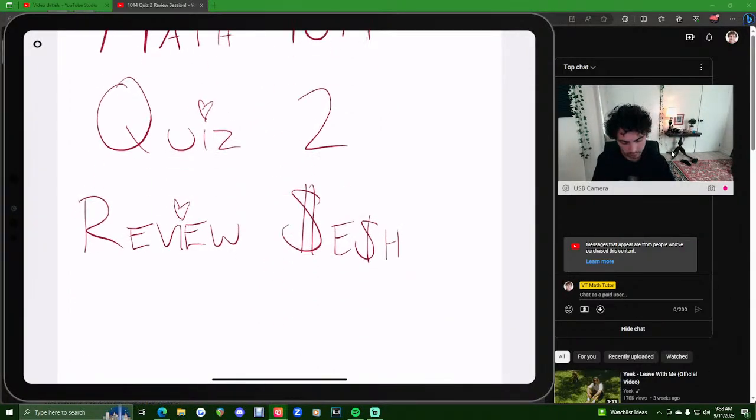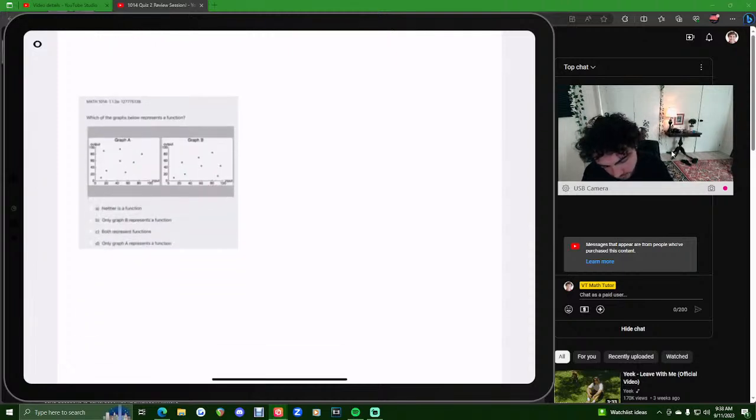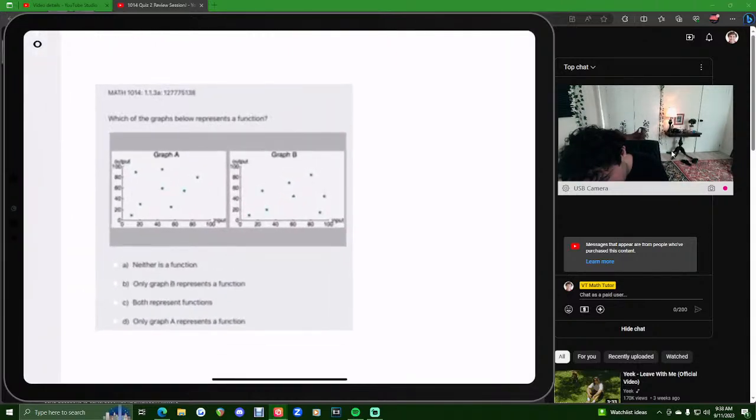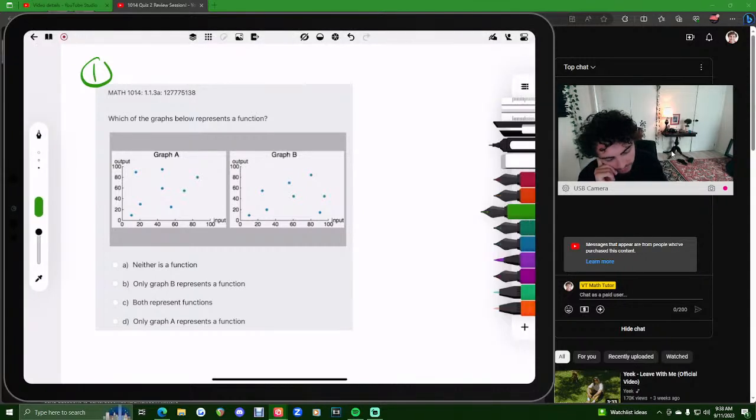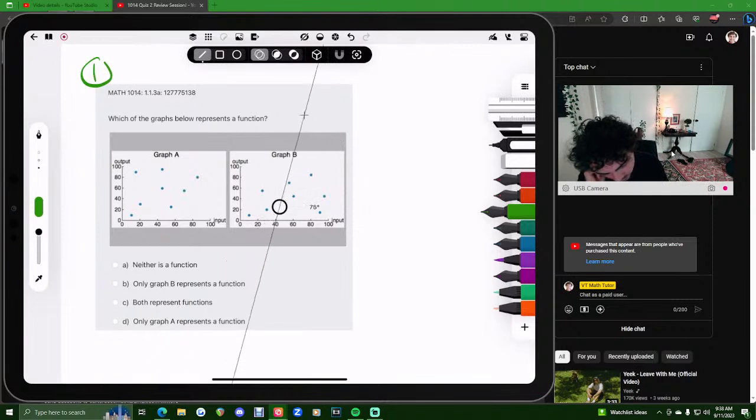Let's get started. Quiz 2 review sesh. Let's jump into it. 1014. Problem 1. They say, which of the graphs below represent a function? So the test we want to do here is known as the vertical line test. You might be familiar with it.